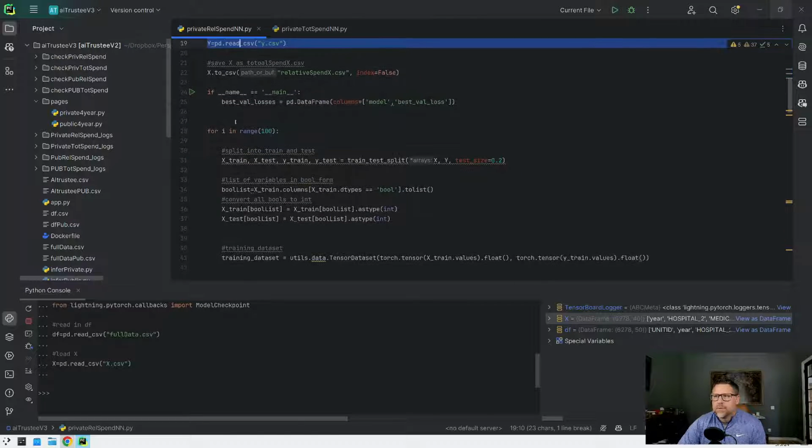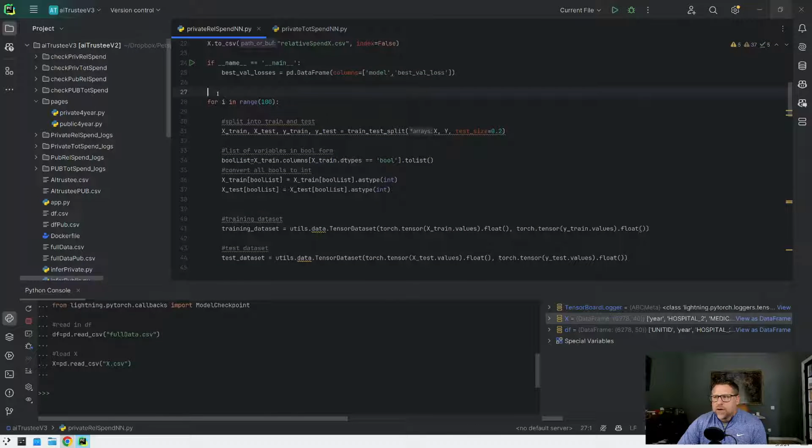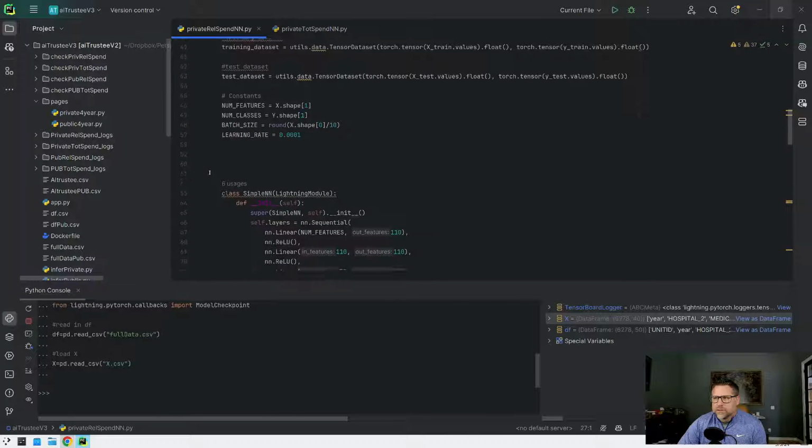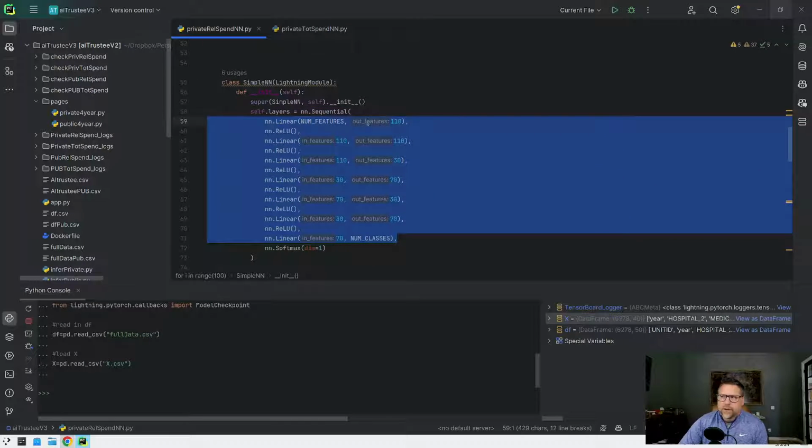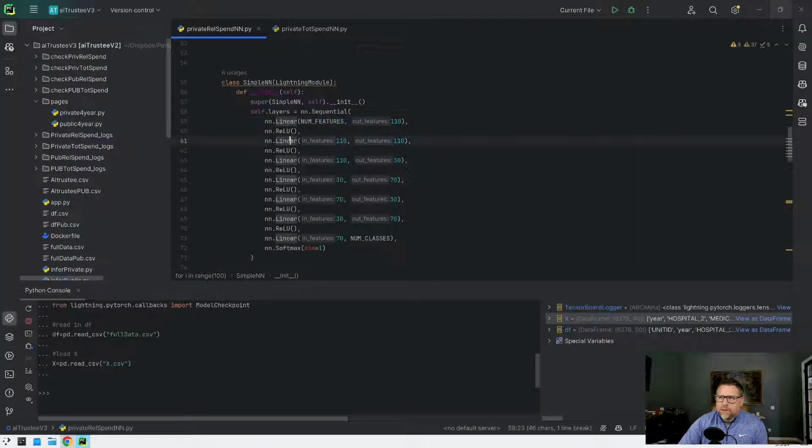All right, so the rest of this is just the architecture. I'll show you a little bit about the architecture of the model. Here is the architecture for the neural network. So I have 1, 2, 3, 4, 5, 6, 7 layers, as I mentioned. And each of these has nodes defined by, I guess, this column: 110 nodes, 30, 70, 30, 70, and then out to the number of classes in this case.